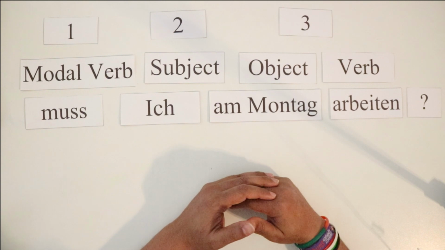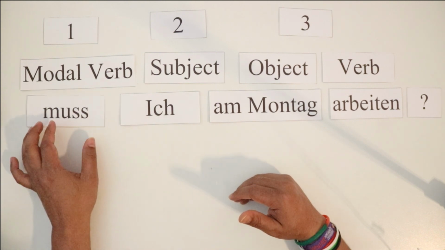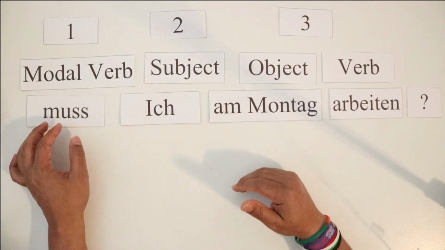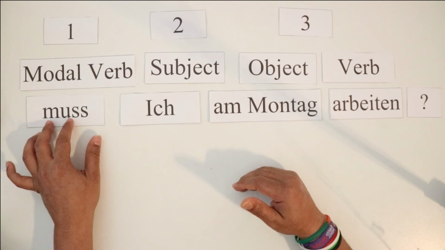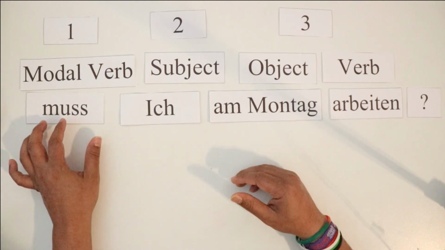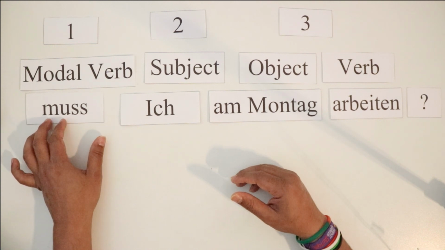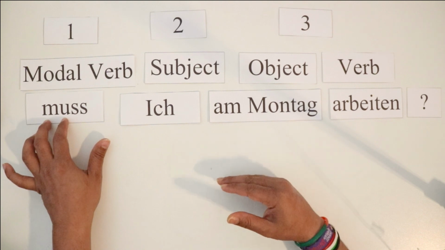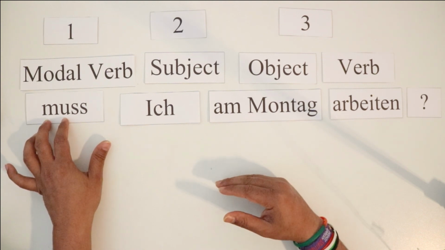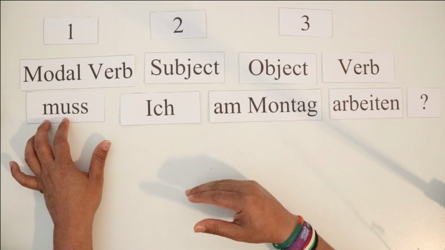The rules are the same. Don't forget that, as I have already printed, the M is written in a small letter, but it will be written in a capital letter if muss is the first word in any sentence, in the first position.